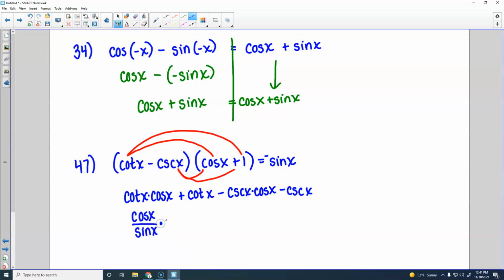And that'll be multiplied by cosine x plus cosine x over sine x minus 1 over sine x times cosine x minus 1 over sine x.